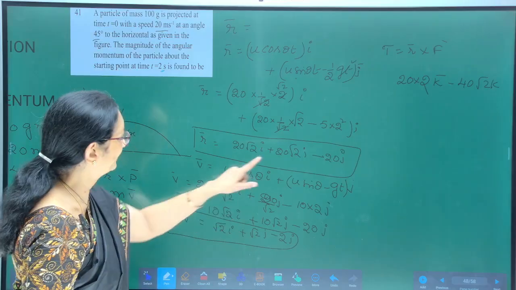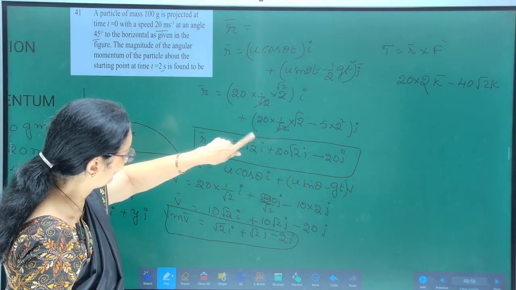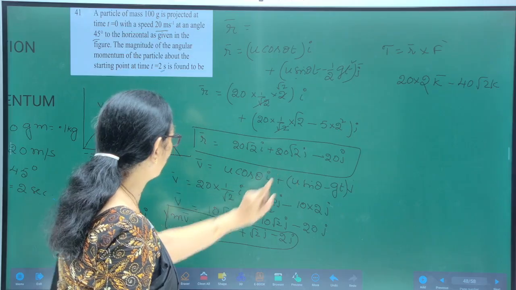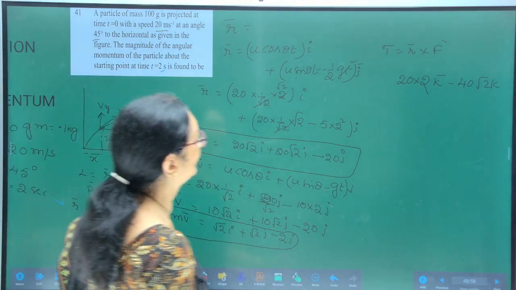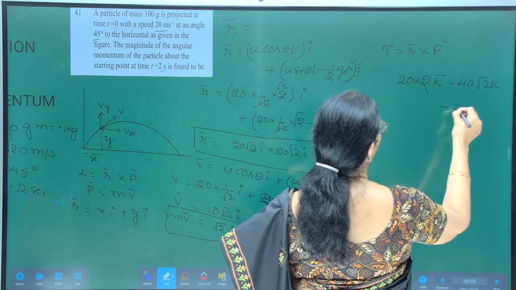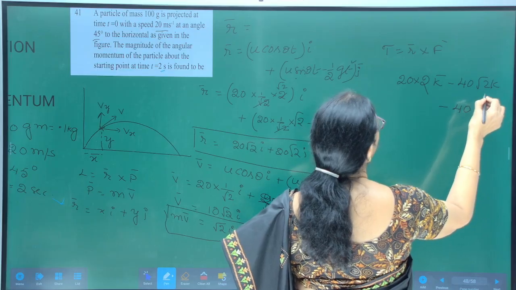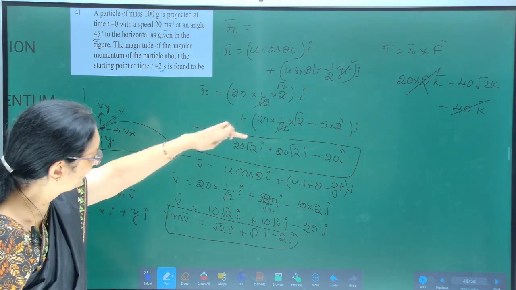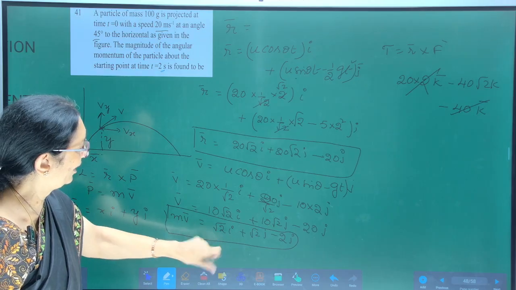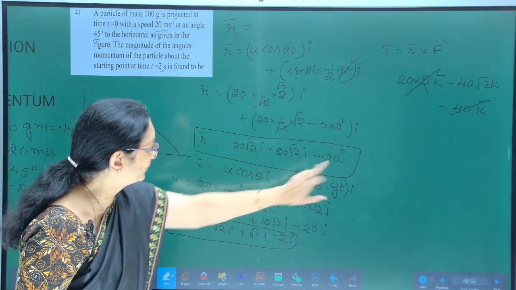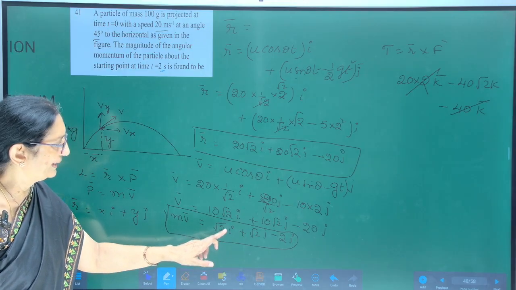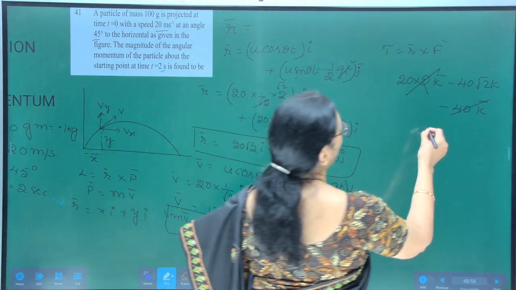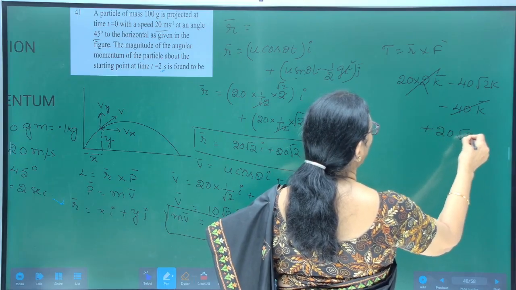Then the next term, the multiplication with i is done. j cross i is minus k, 20 root 2 into root 2, 40. So that is minus 40 k bar. So this and this get cancelled. Okay, what else is remaining? j cross i. And minus 20 j root 2 i. j cross i is k, minus of minus becomes plus, 20 root 2 k.